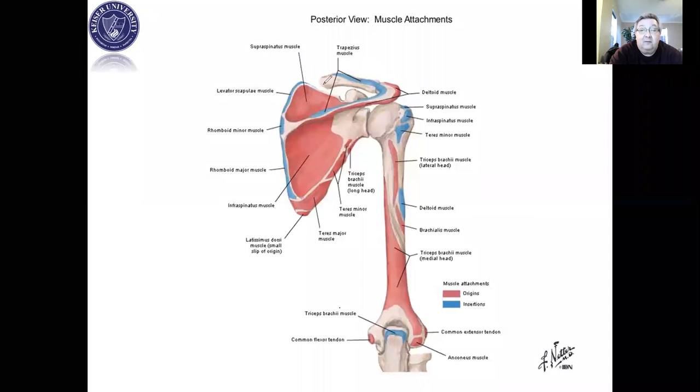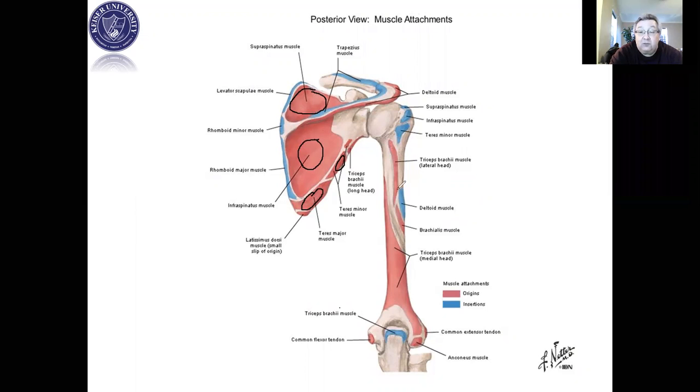we have the supraspinatus muscle, which sits in the suprascapular fossa. And we have the infraspinatus muscle, which is in the infraspinous fossa. Down here, we have the teres major, and we have the teres minor.